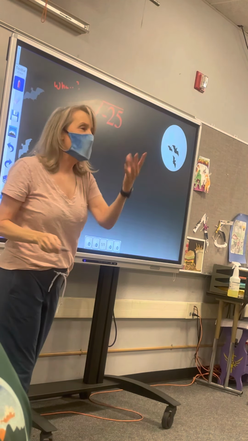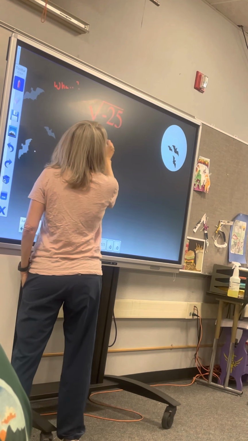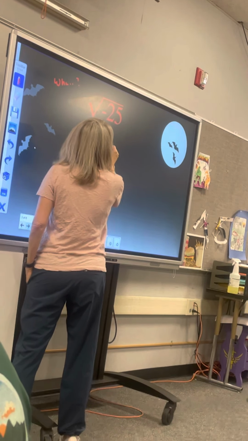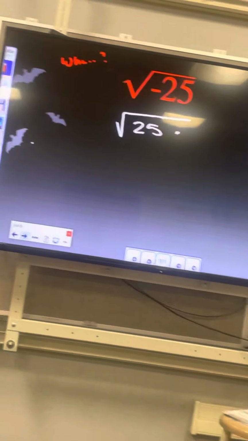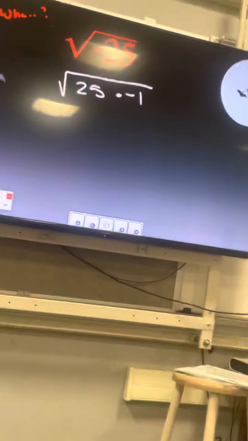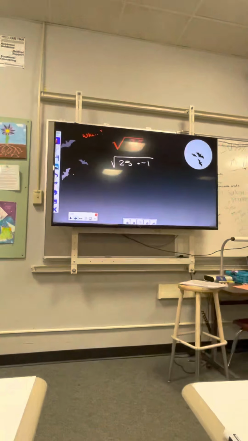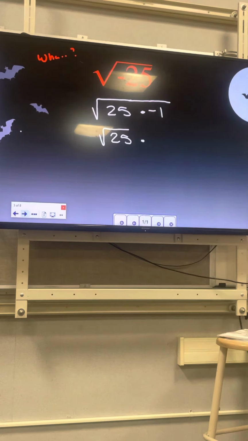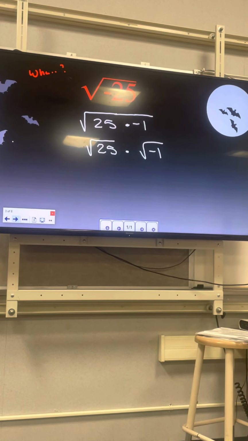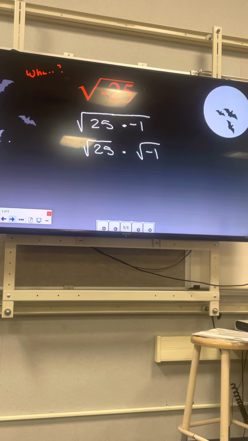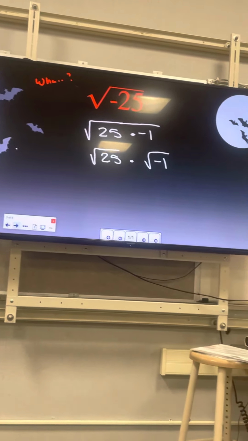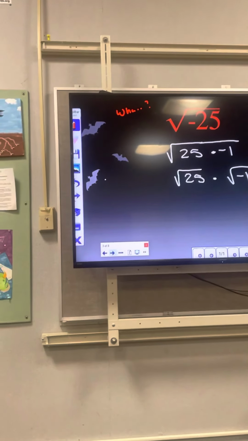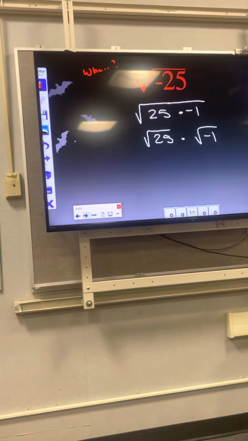What they said is, hey, what if we did this? What if we took this guy and split it up into 25 times negative 1? That seems fair, right? That's not cheating. And then they said, well, what if we did this? Who's they? A mathematician, I think it was a guy named Euler. His name was Euler, and he lived in the 17th century. So then he did this, and then he said, I know what the square root of 25 is.